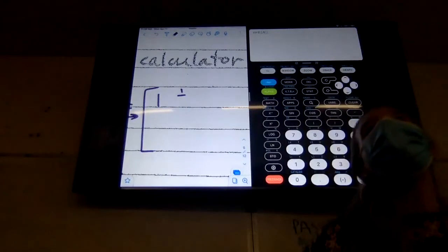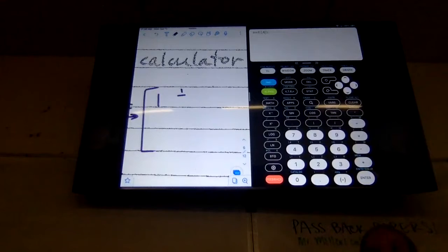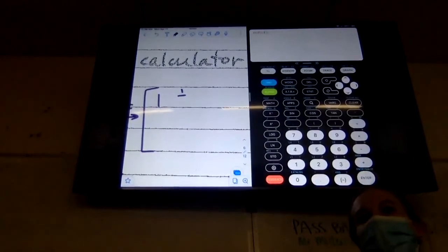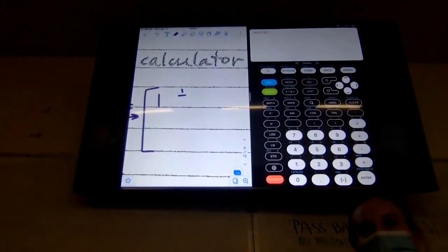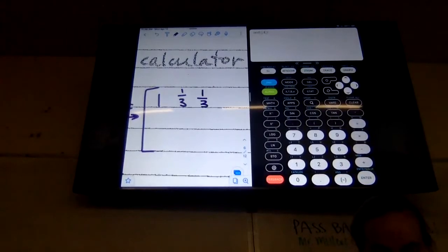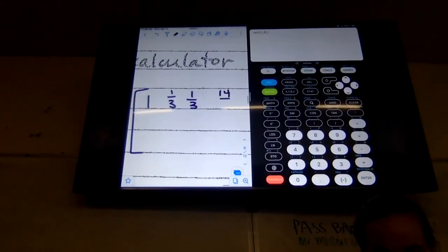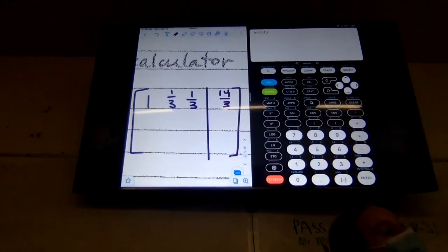Press math and then press the first one that says arrow fraction. Press enter and then press enter again. It should be 1, 1/3, 1/3, and then 14/3. Is that what yours is starting to look like? Might have to scroll over.